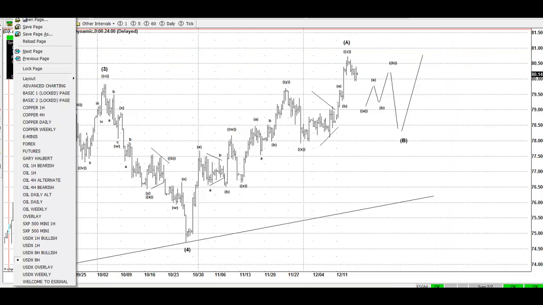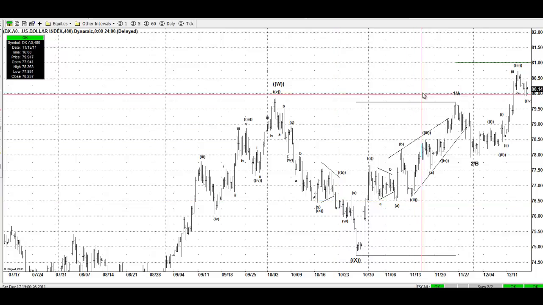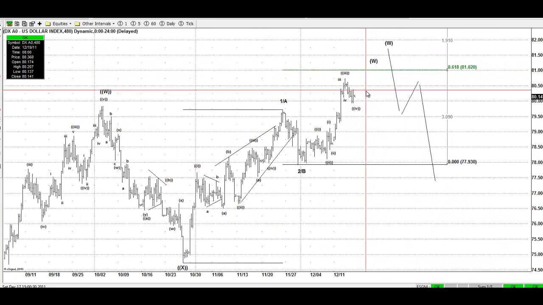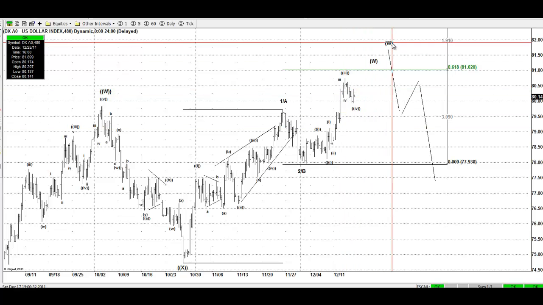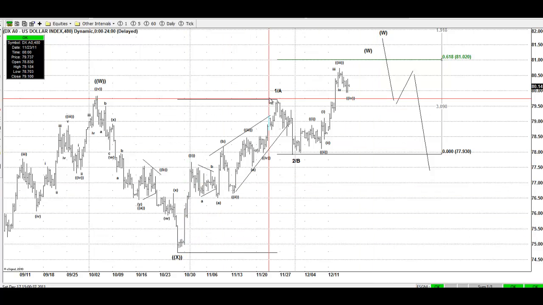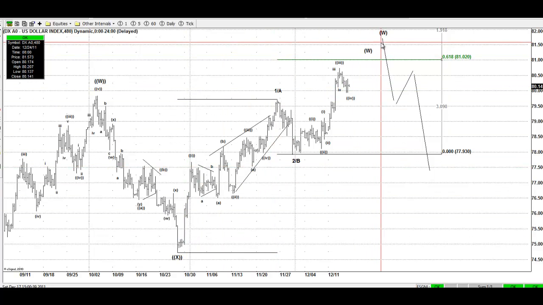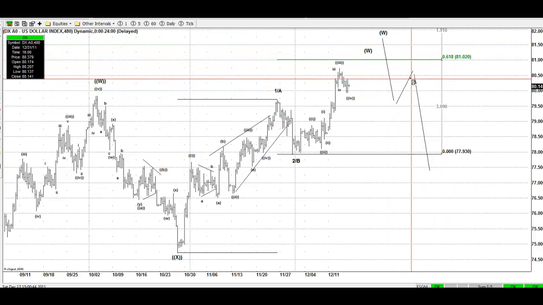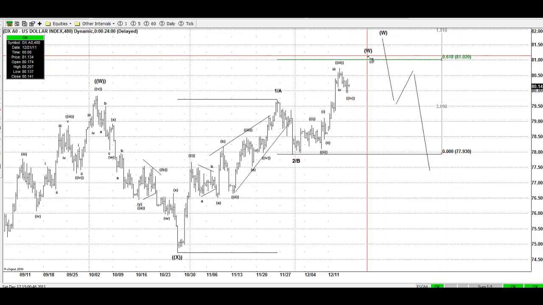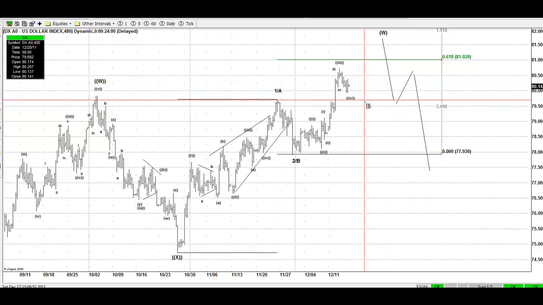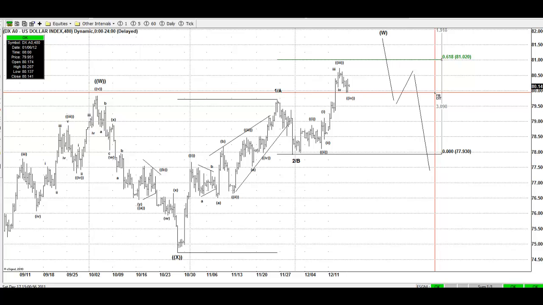The second one is calling for the A that we put in ending here, going a little bit higher, and in that case, either this is A, B, Z, ending around 81.02 with another high, or the dollar index is going to make a 1-2-1-2 nest, going higher.